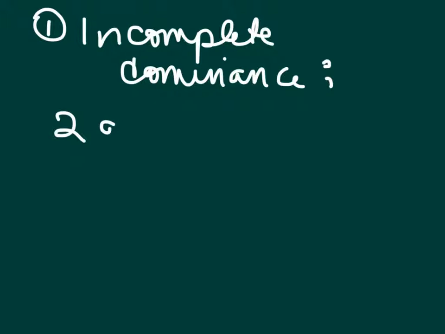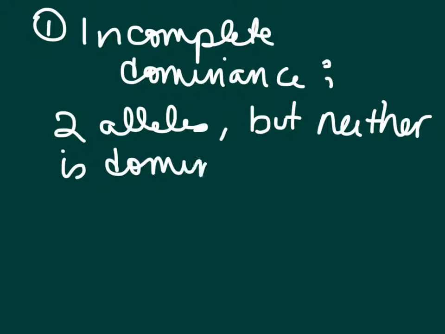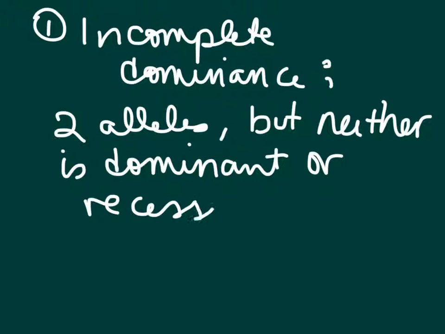So there are two alleles, but neither one is dominant or recessive. What that means is traits end up blending in that weird way that we said that they didn't in Mendelian inheritance. Classic examples of this kind of inheritance happen in flowers all the time, like the four o'clock or a snapdragon.